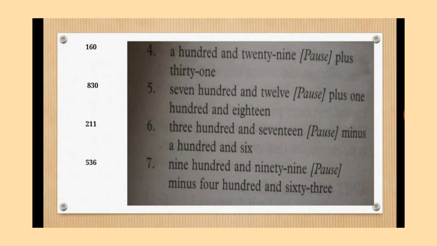Second, 712 plus 118. Hurry up. The correct answer would be 830. Third, 317 minus 106. Now here you will not add but subtract, okay? 317 minus 106.